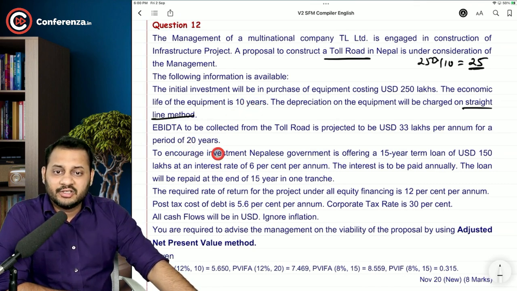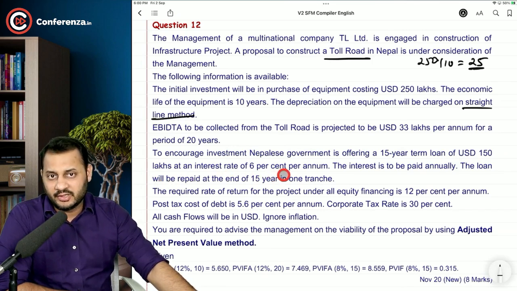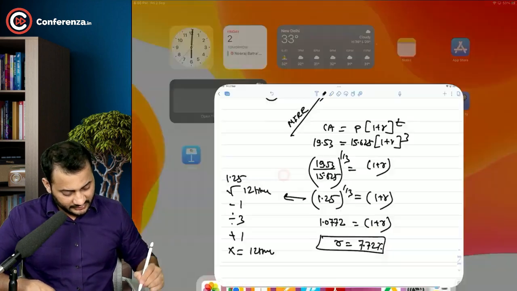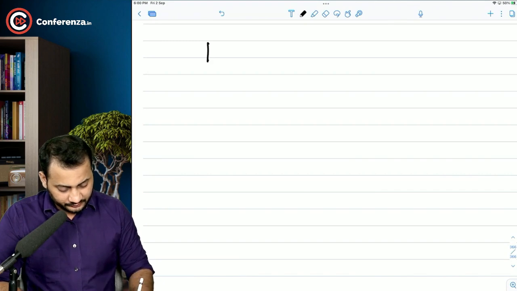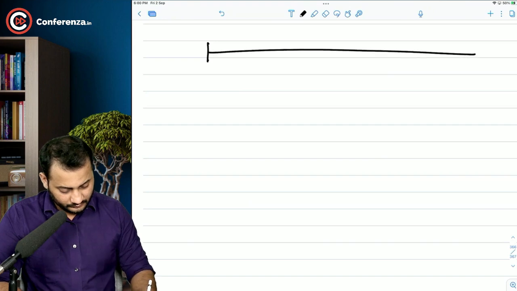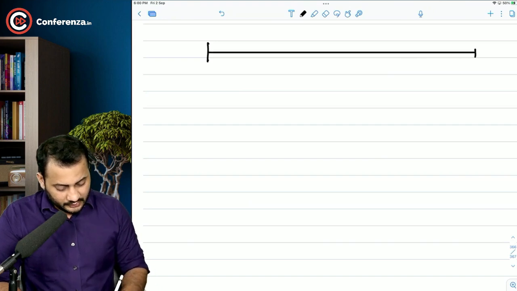To encourage investment, Nepalese government is offering a 15-year term loan of USD 150 lakhs at an interest rate of 6% per annum. There is one thing that you need to understand because of multiple durations in the question. See, 5, 10, 15, 20 years.